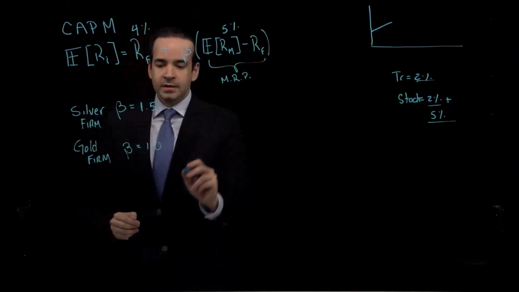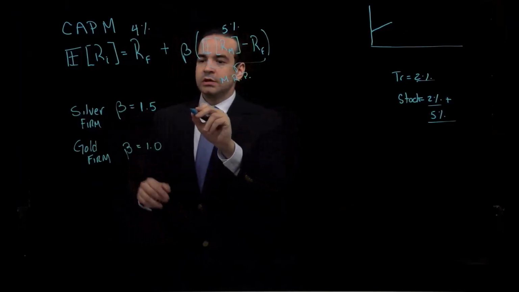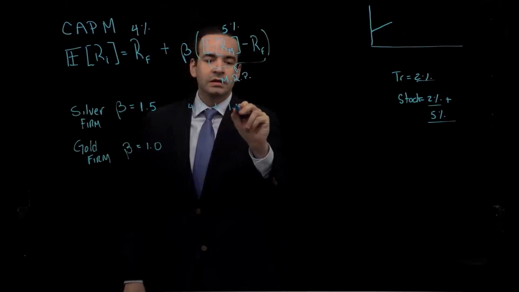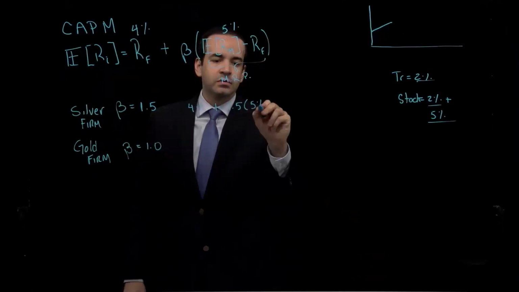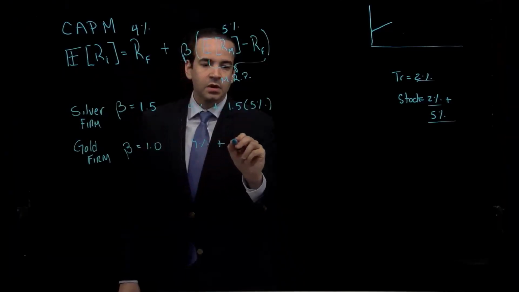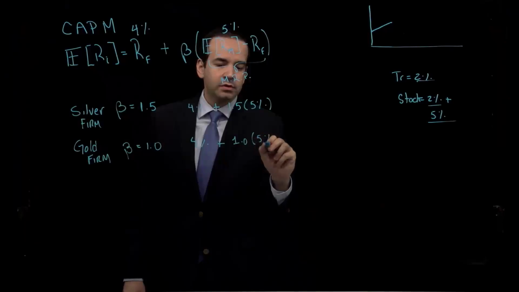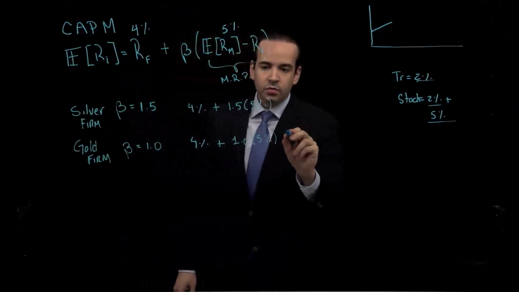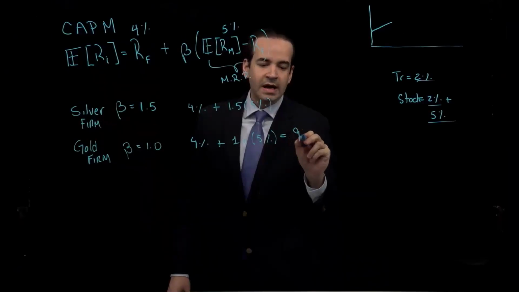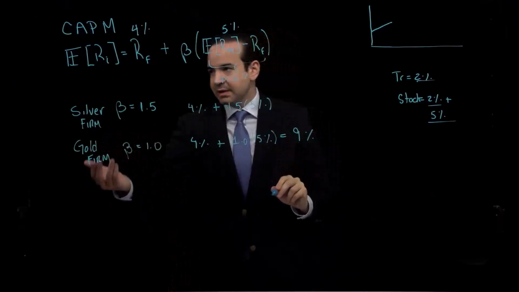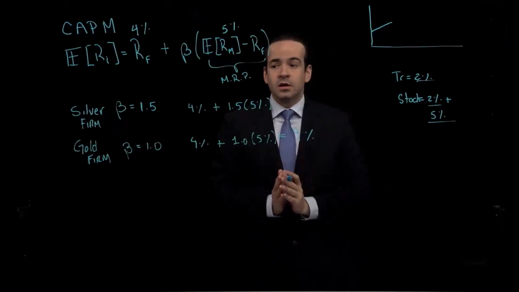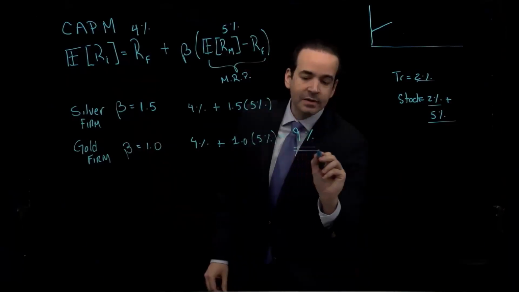So silver firm, this is very straightforward. We just need to calculate the 4%, which is RF, and then we calculate the beta times the market risk premium. We can do the same thing for gold firm, so we will have the 4% plus 1 times the market risk premium. So in other words, gold firm will have an expected rate of return, or in other words, the investors will require gold firm a return of at least 9%.